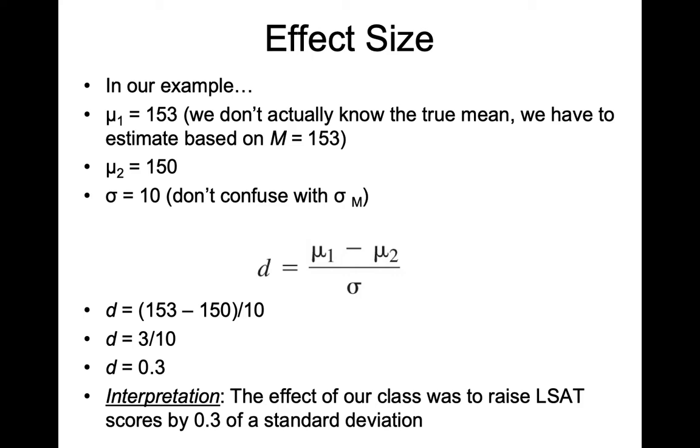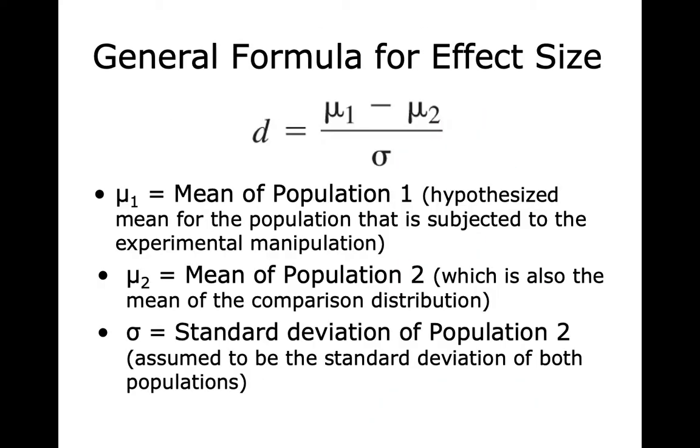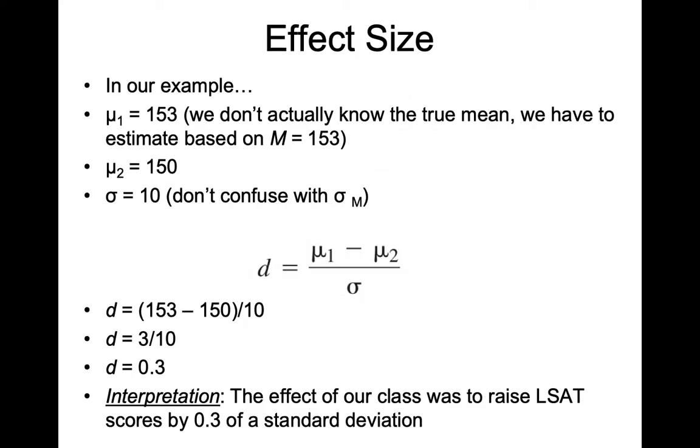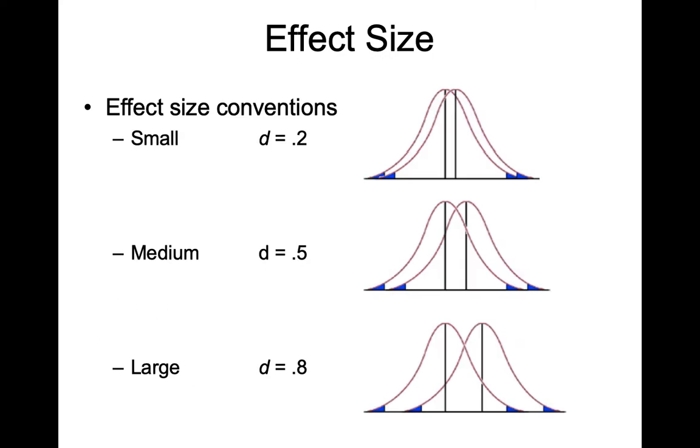We're talking about a metric of standard deviations, and that kind of gives a similar reference point, regardless of what we're talking about. LSAT scores, scores on an anxiety inventory, scores on a depression inventory. It doesn't matter what the original metric is, we're communicating an effect in a standardized metric, that is standard deviation units.